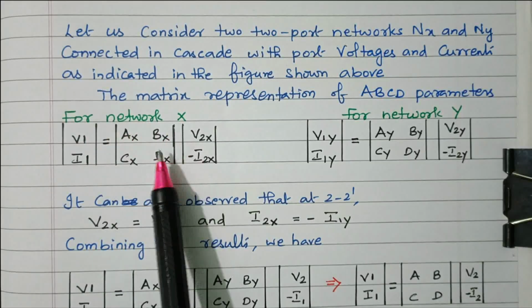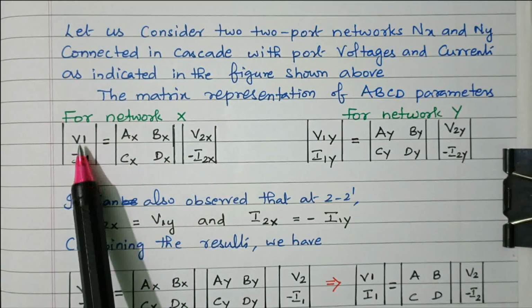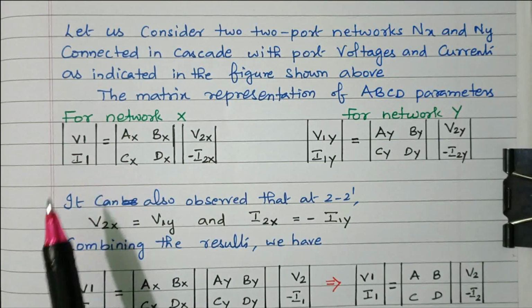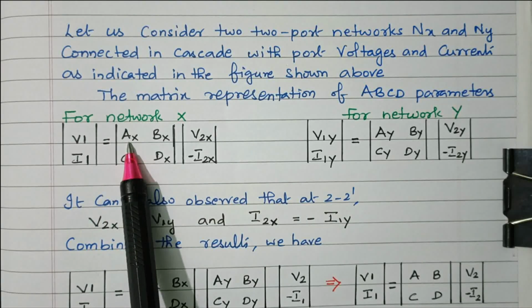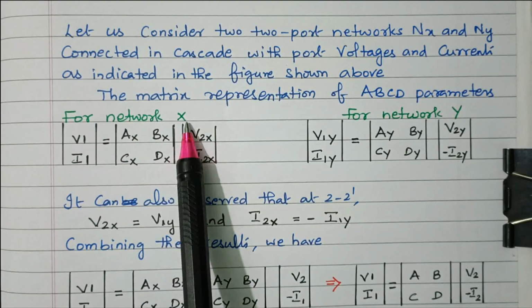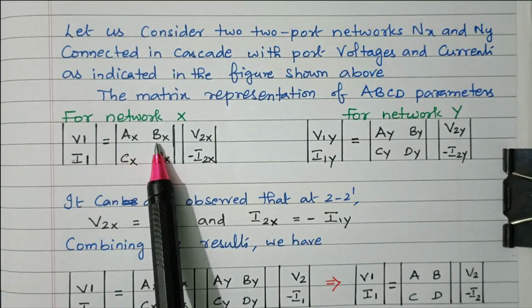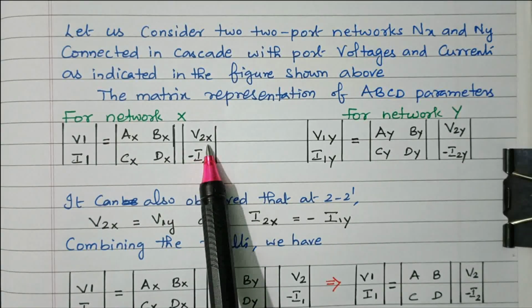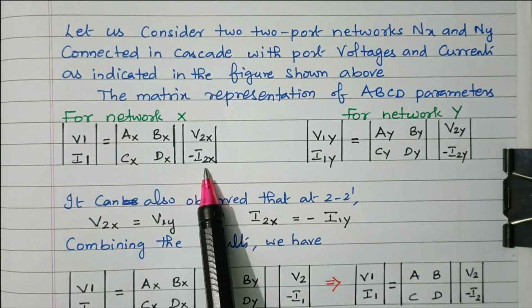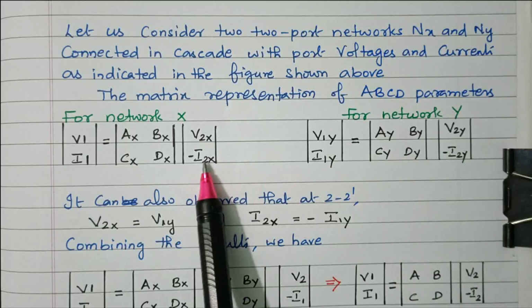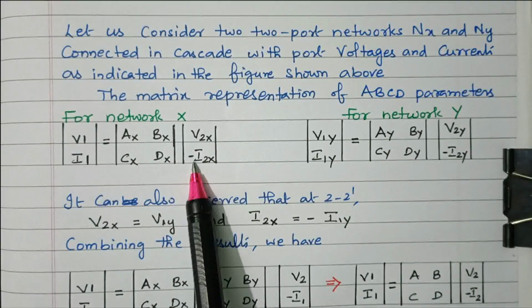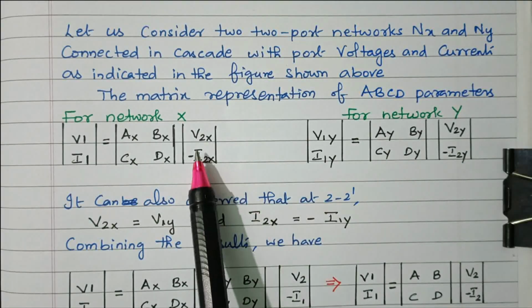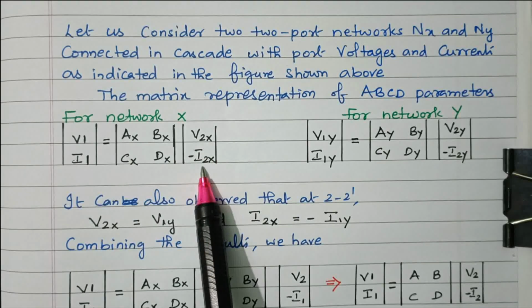First we will see network X. Input voltage is V1, I1, that we already discussed. The ABCD parameters for the X network are AX, BX, CX and DX. The output is V2X, minus I2X. This is the output from the X network, that is the input to the Y network.